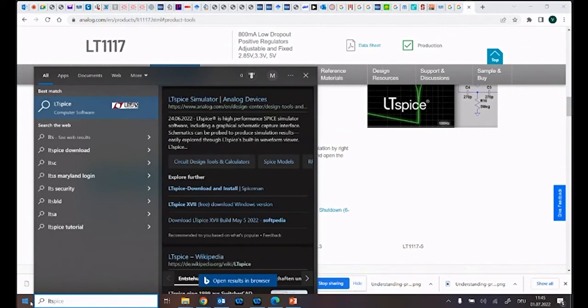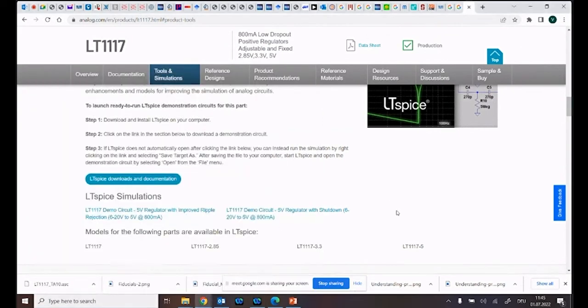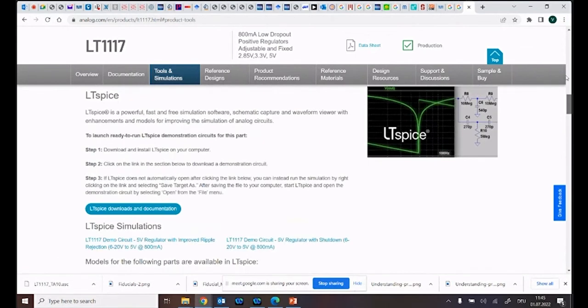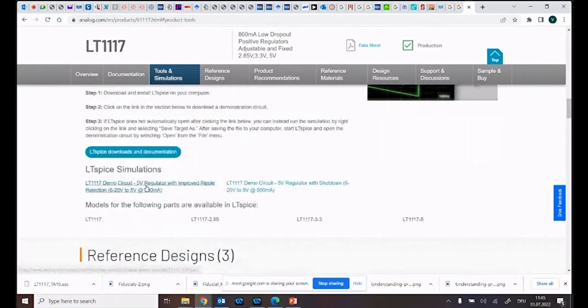You have to go on the side here on the top. On the bottom, you see some examples for testing of this model.